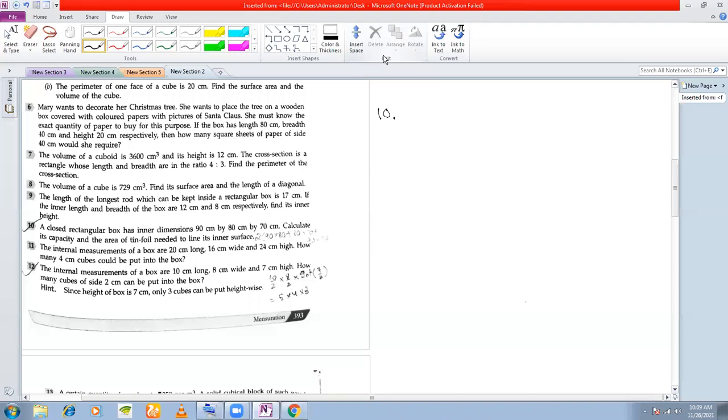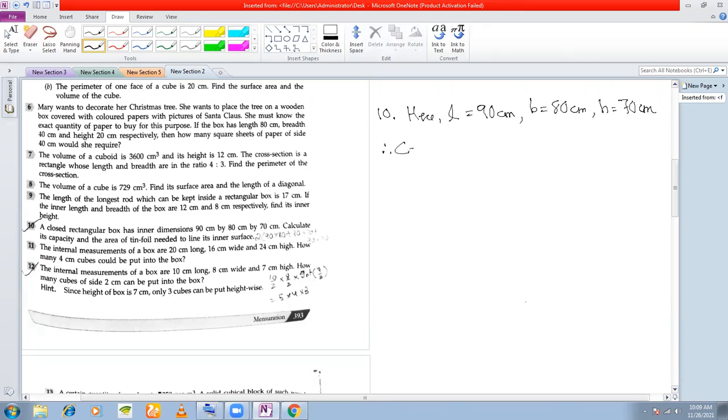Okay. So here, how much is the length given? 90 centimeters. Breadth given is 80 centimeters. And height given is 70 centimeters. Okay. We want to calculate its capacity.